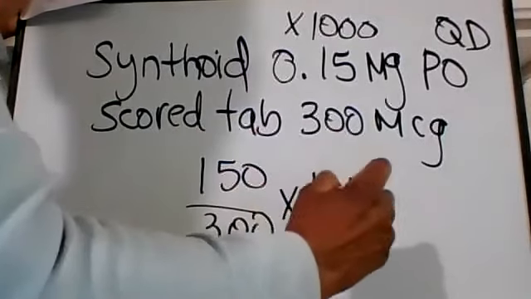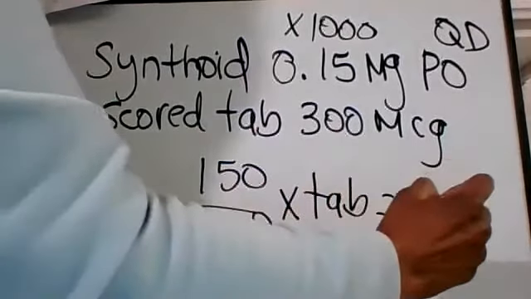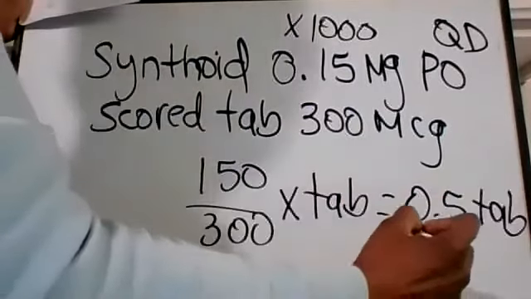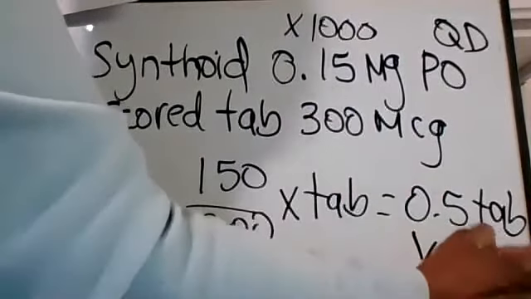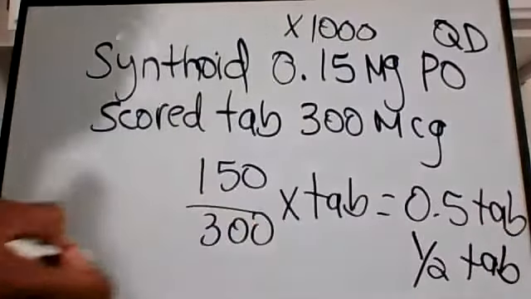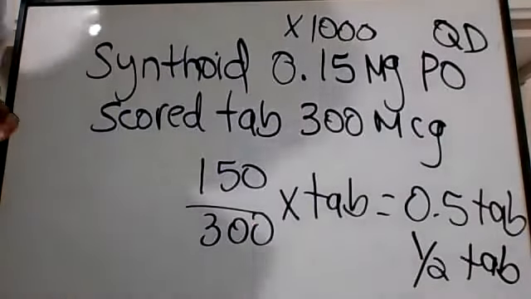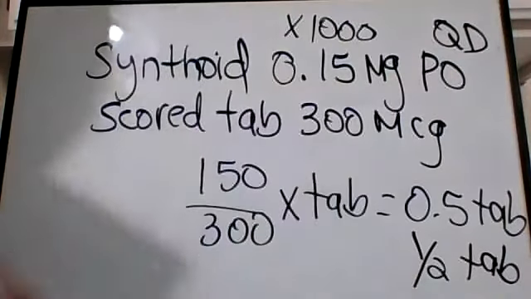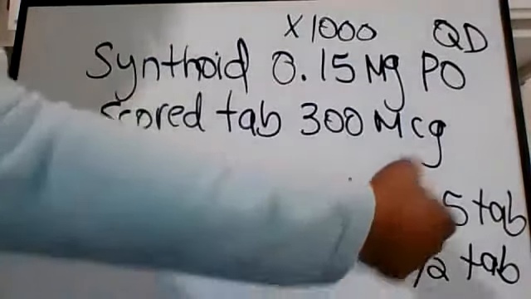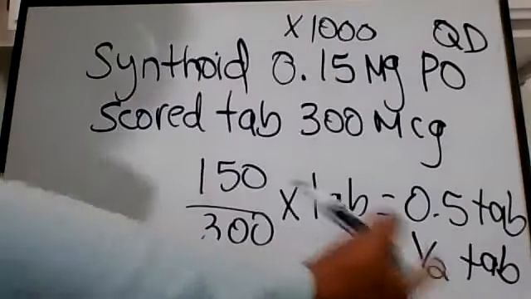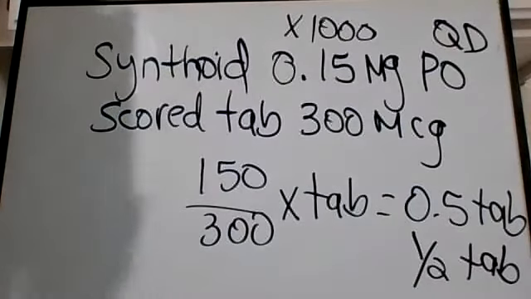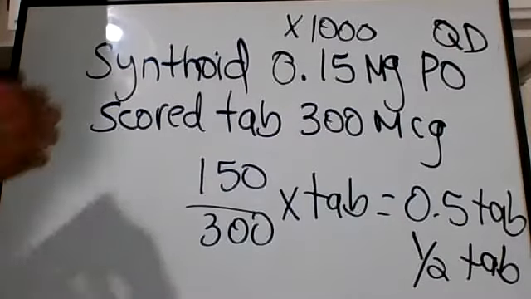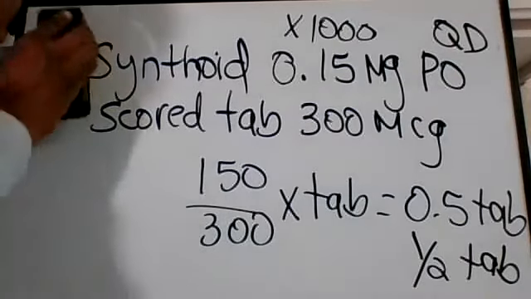And we come up with 0.5 tab, or we can call it half of a tablet. We don't really use fractions in metric, but there it is, either or. 0.5, which is half a tab. Both of them say half a tab. All right, let's move on to the next one.